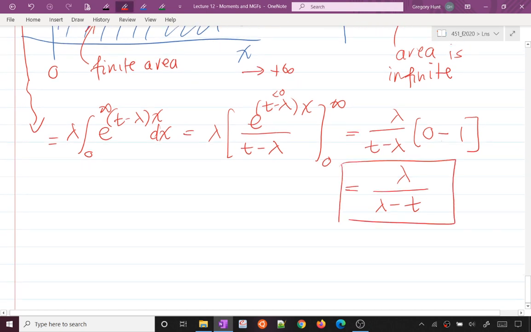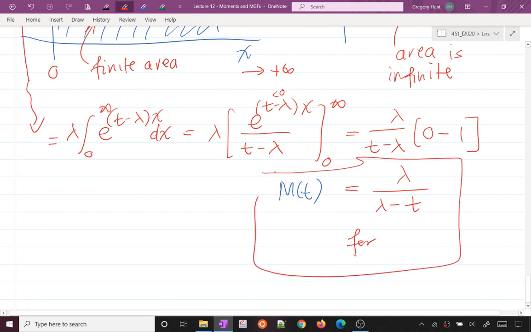And that's the integral. Of course, what we're calculating was M of t, our moment generating function. M of t here is equal to, in this case, lambda over lambda minus t, as long as t is less than lambda.